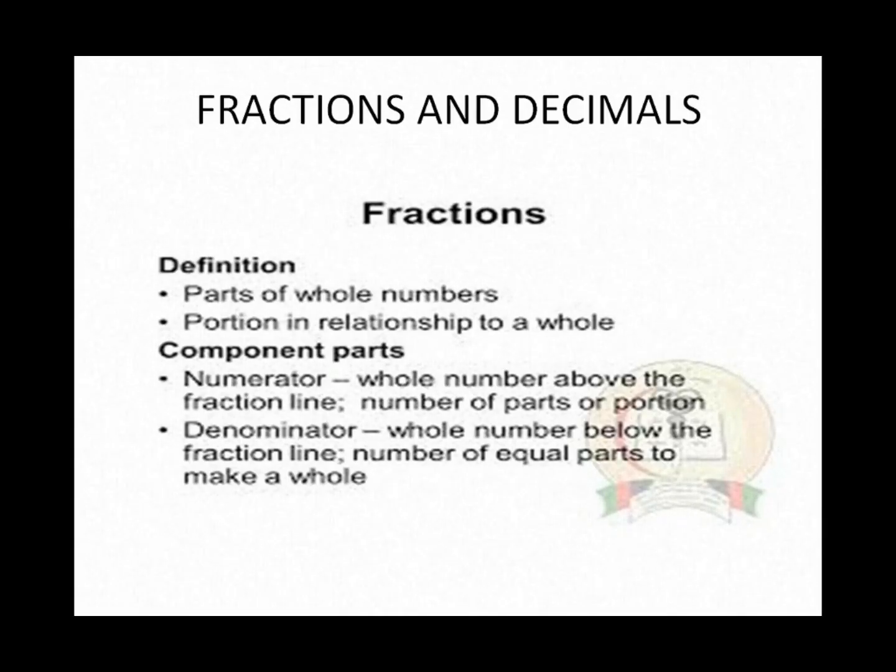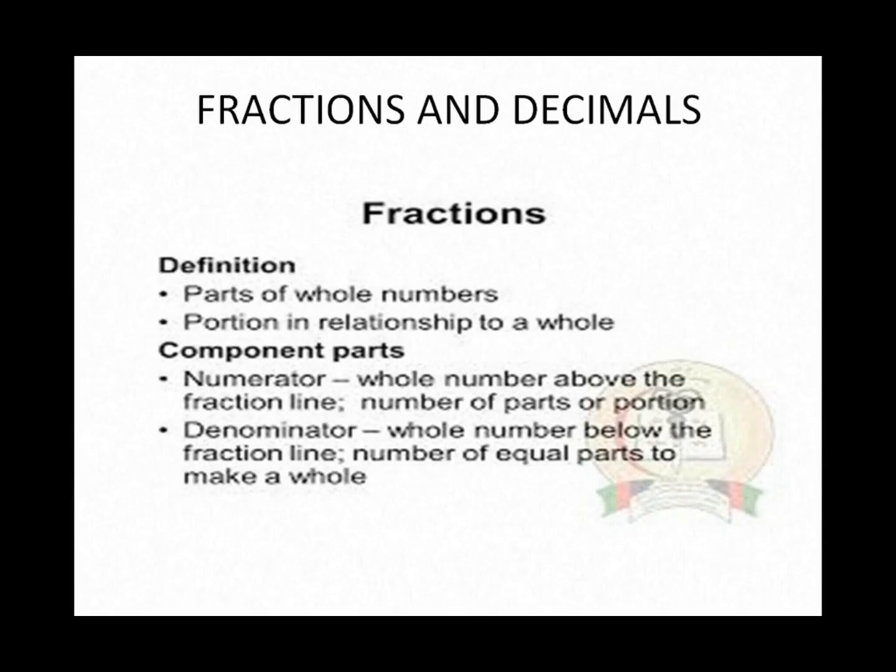Now children, if I ask you, what was the fraction of cake which you have consumed? The answer will be 10 upon 12. Now think why it is 10 upon 12. Because fraction means a part of whole.